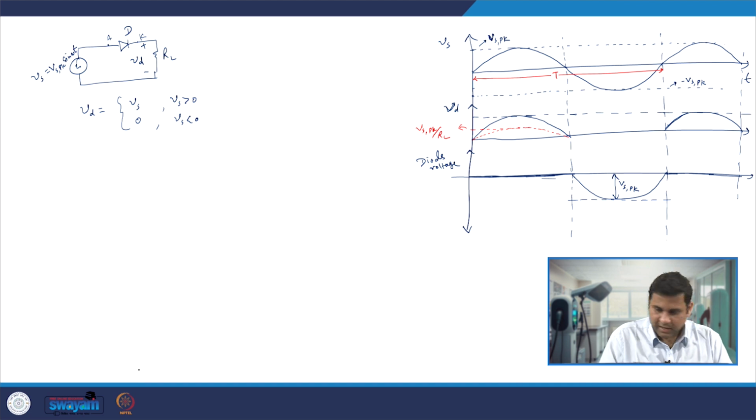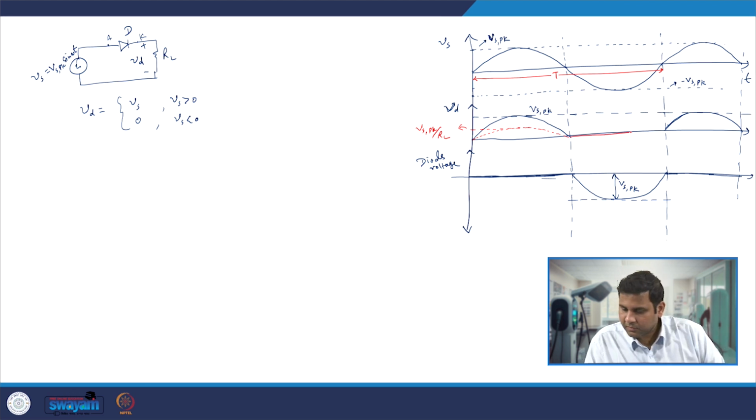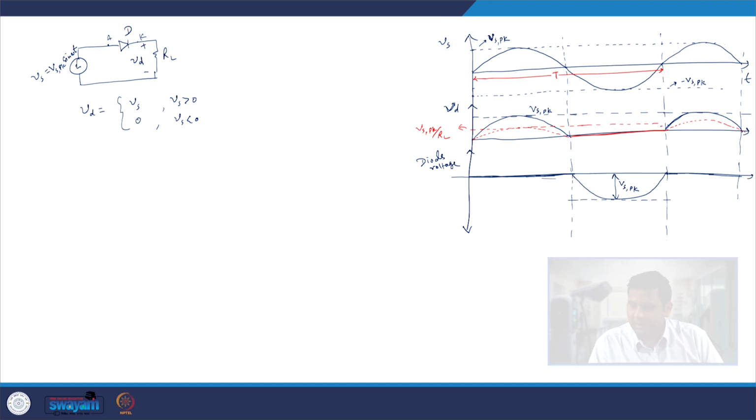During this time period the current is nearly 0, and then again it will come back with the same peak as the previous peak, which is Vs peak by RL.